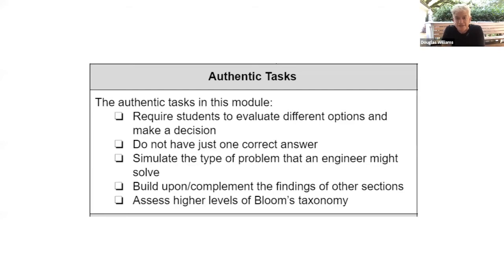Does it simulate the type of problems and maybe tools or tasks that an engineer might solve or use in their field, in their context? And does it build upon and complement the findings of other sections that you built up into that culminating task, and also definitely hit those higher levels of Bloom's taxonomy?